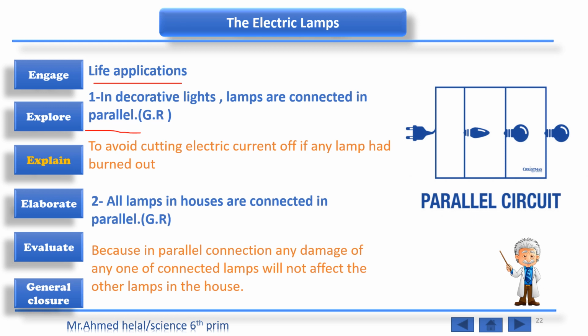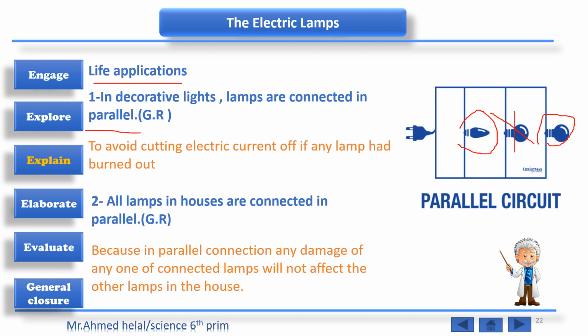But if we connect them in a parallel connection and one lamp burns out, we won't lose the whole circuit. Like this, if we lose this lamp, the others will still give us light.